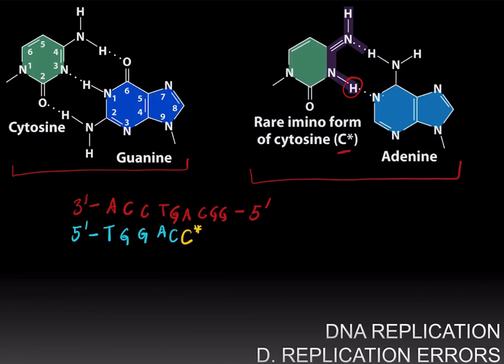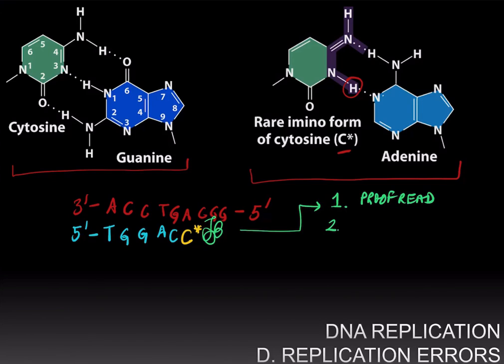How are these errors corrected? The polymerase has two abilities that allow it to fix these sorts of errors. The first ability is that it can proofread. So DNA polymerase is a proofreading enzyme, and it can actually detect when a mismatch has been made.